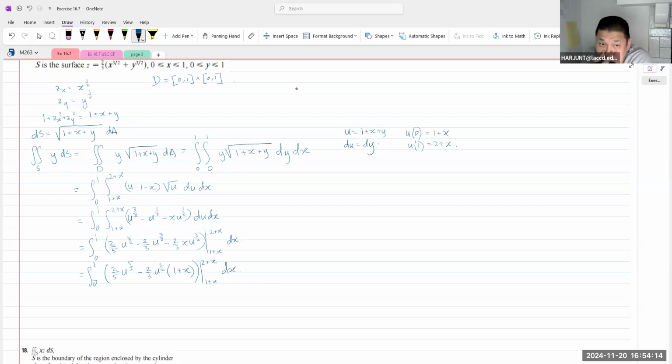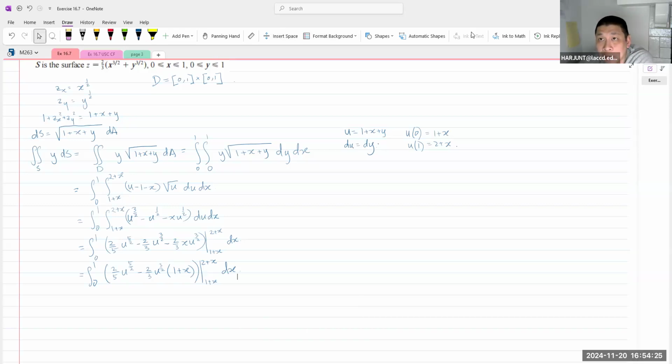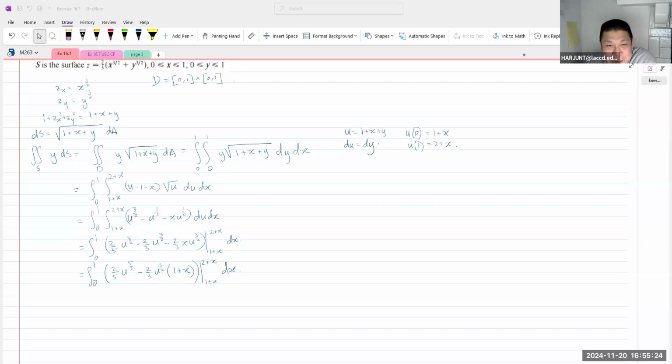I hope that helps. So this integral becomes, I really hope I don't mess up. Look at this, I already kind of give up. This is the integral from 0 to 1, 2/5, and then, you know what, let me use this.